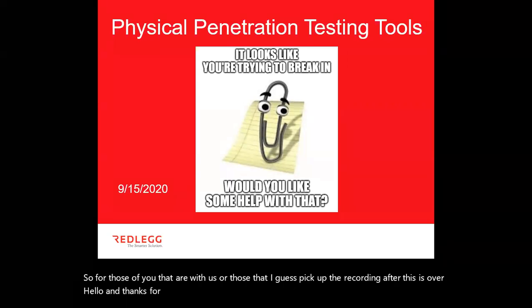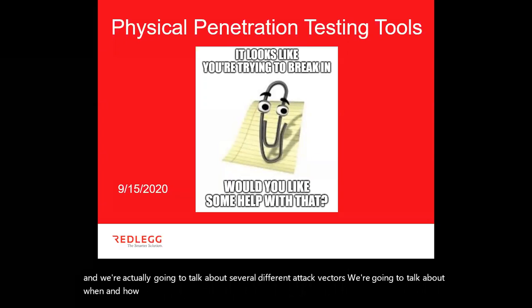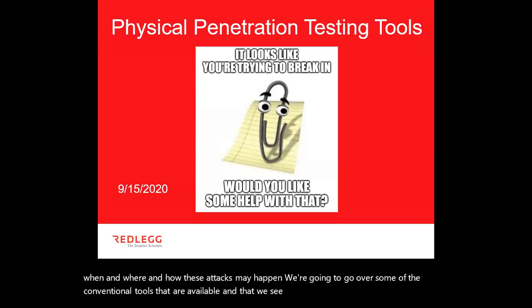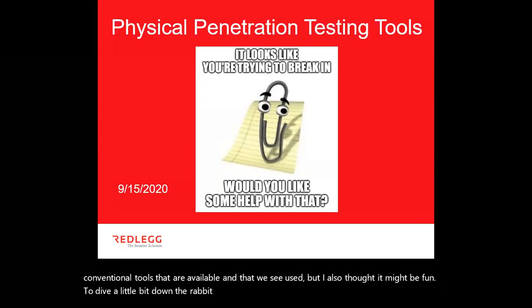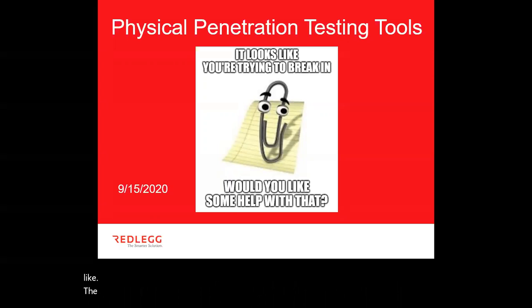We're going to be talking today about physical pen testing tools, and we're actually going to talk about several different attack vectors. We're going to talk about when and where and how these attacks may happen. We're going to go over some of the conventional tools that are available and that we see used, but I also thought it might be fun to dive a little bit down the rabbit hole and talk about those non-conventional tools, things that the non-pen testing attacker, an actual bad guy, may end up using in the field.